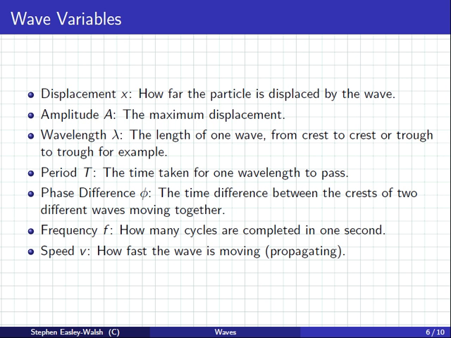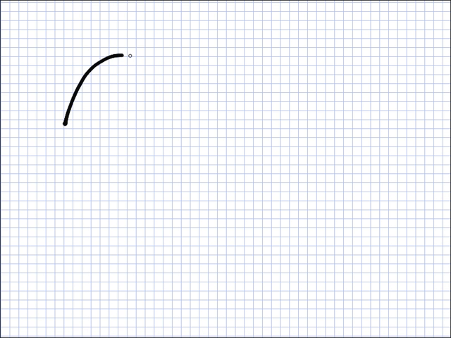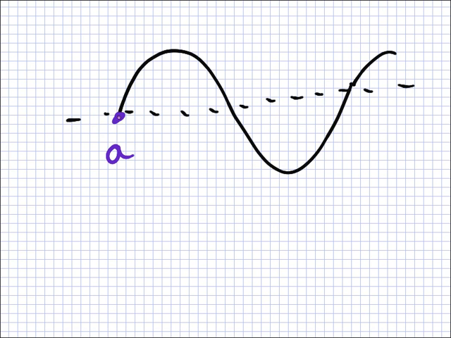What I'm going to do now is try to draw a diagram to help explain the phase difference. Or actually, maybe I could try and explain everything. Can I continue, Diego? Right. The first one, displacement. Let me call this point here A. Maybe the wave is moving to the right, like a water wave.